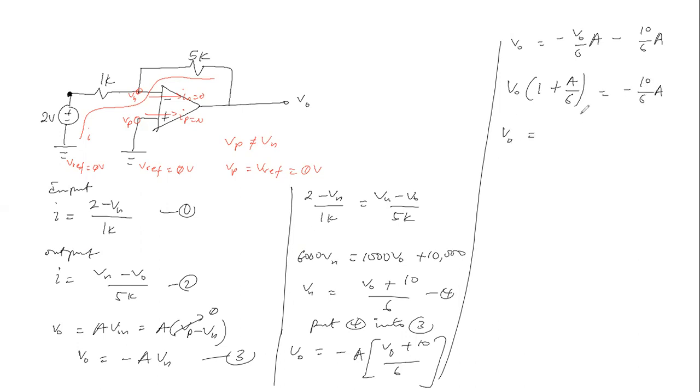So V naught is negative 10A over 6 divided by 1 plus A over 6.